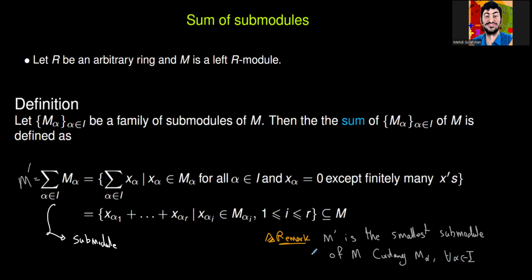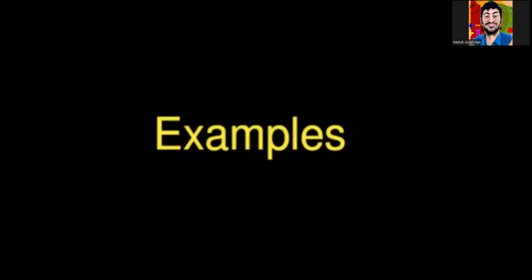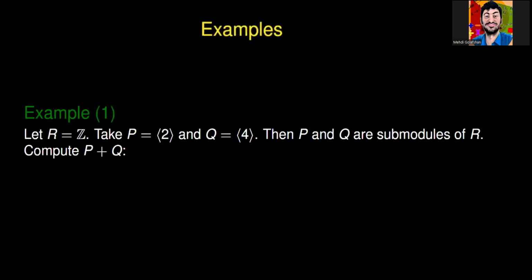So let's see some examples. Let's take the ring as the integers, and let's take P, which is equal to the ideal generated by 2.